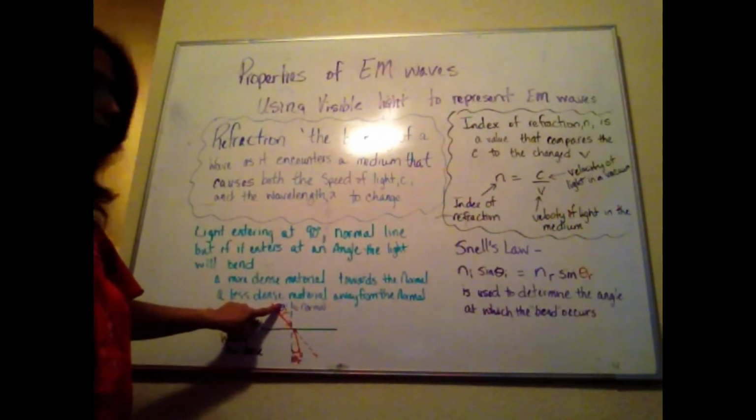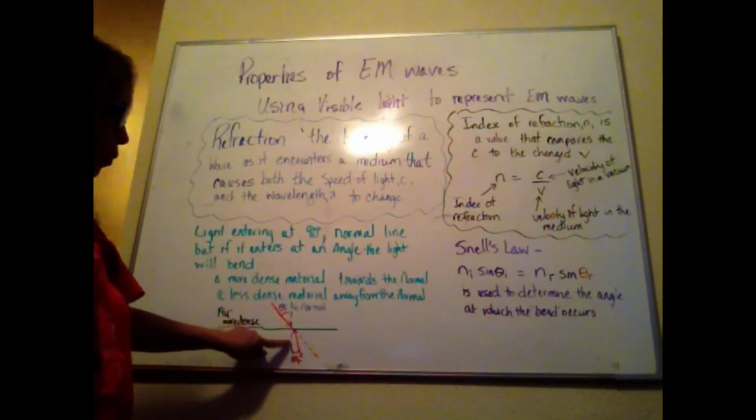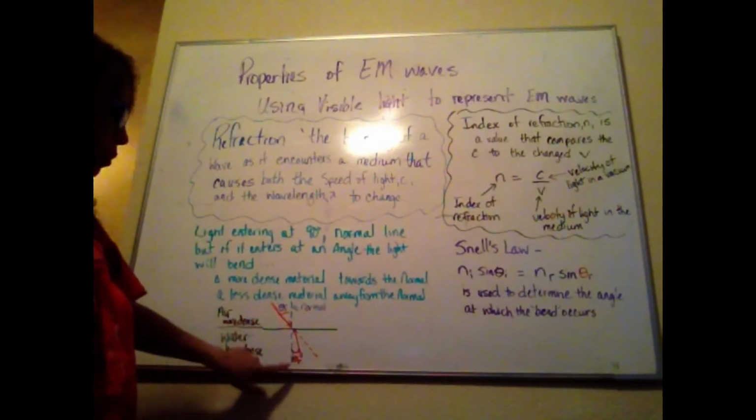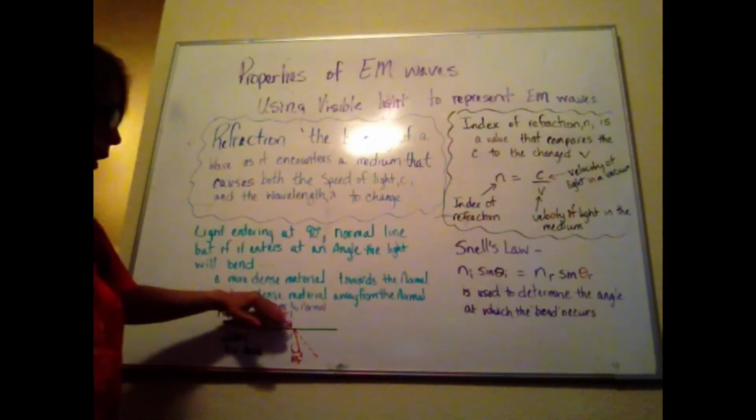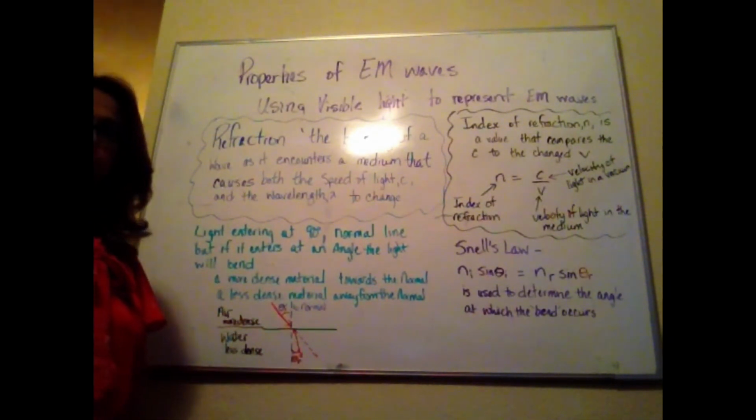Here's our initial or original one, and as it goes through, it's going to bend towards this normal line, and that's our angle of refraction. This is used to determine how much that bending is going to occur.